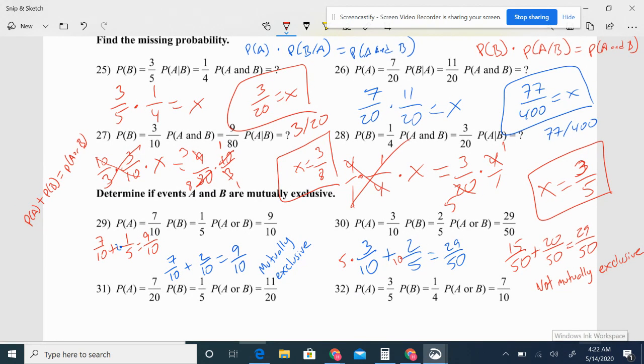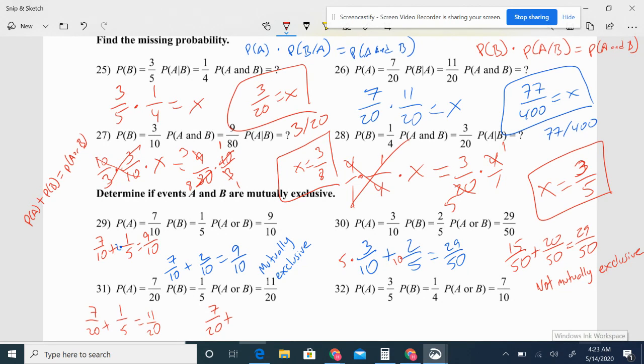Take a look at question 31. I'm asking, is 7 over 20 plus 1 over 5 equal to 11 over 20? I want to make my denominators 20. I want to have a common denominator, so I'm going to write 7 over 20 for the first fraction plus my second fraction.